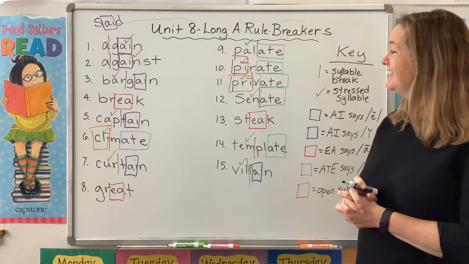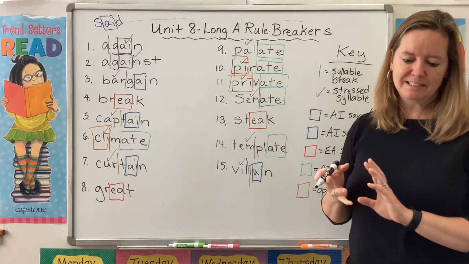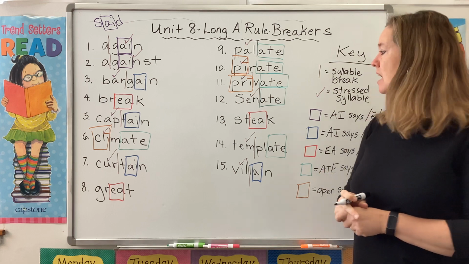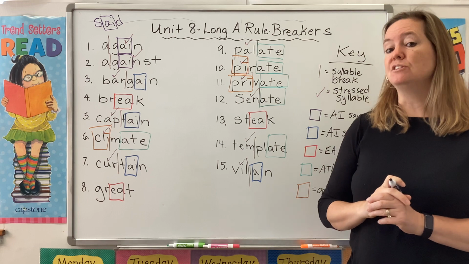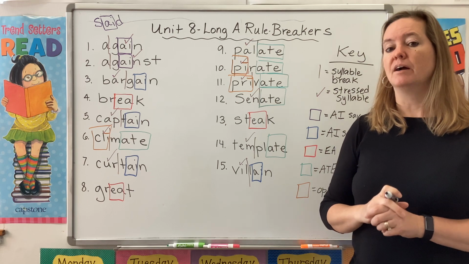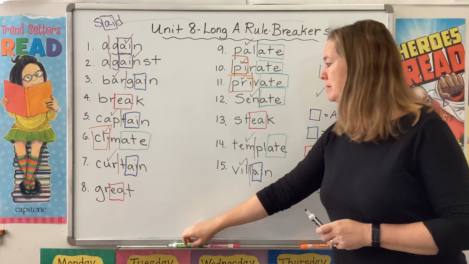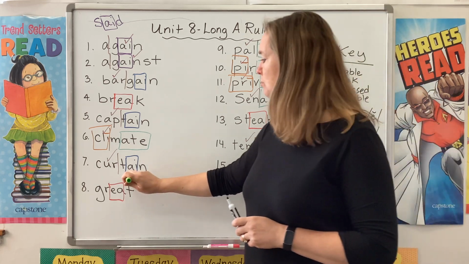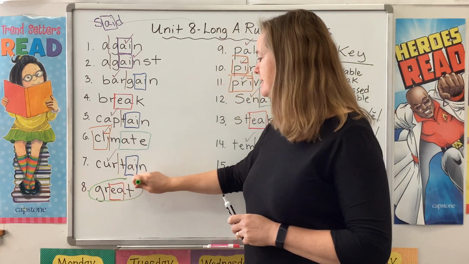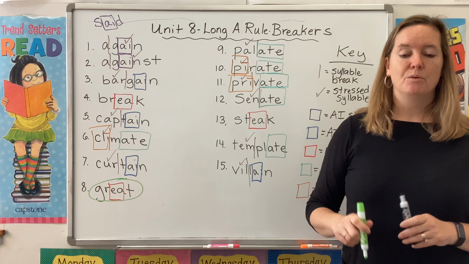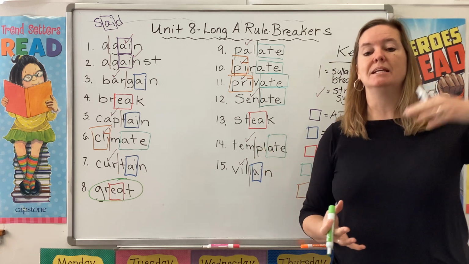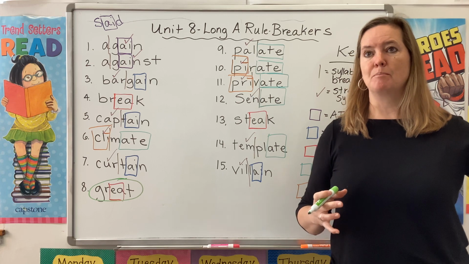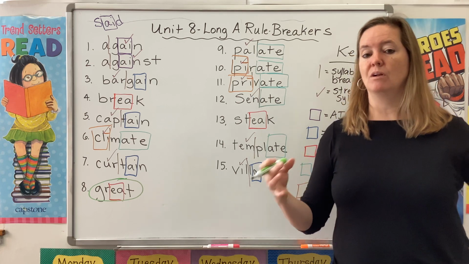This week we're not talking about prefixes or suffixes. I don't have any new roots for you, but what I do want to talk about are homophones, because you'll notice this word great is a homophone, right? Great can mean awesome, or it can mean large. Like think about numbers that are greater than or less than.